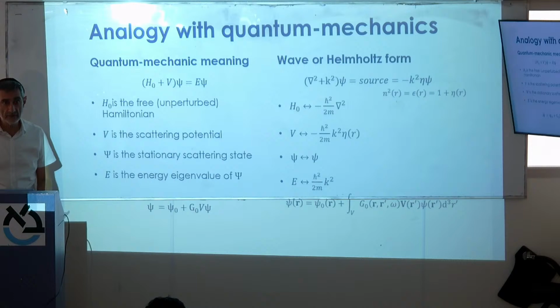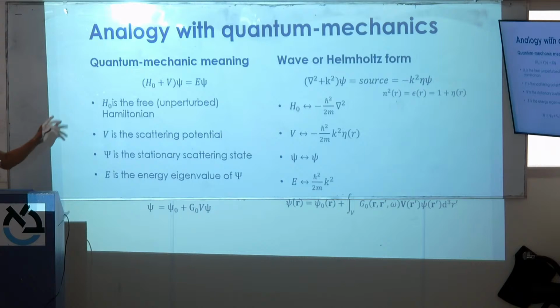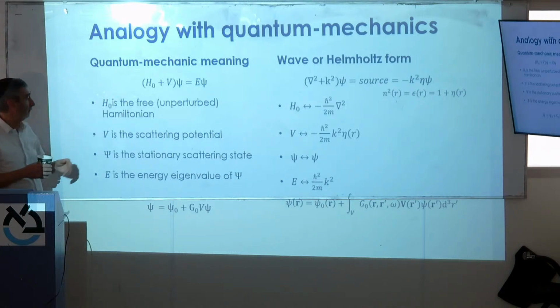Any question on that analogy? It's important to have that, I think, to realize that it's really the same problem, as long as you consider monochromatic waves. That's quite important. If you still have the time variation, then you don't have the direct analogy here, because in the Schrödinger equation, you have a first order derivative in time.